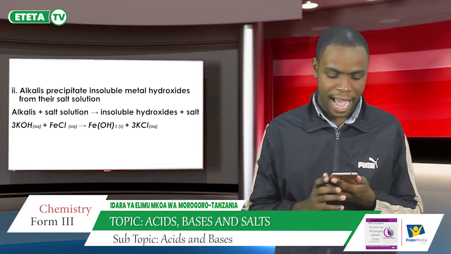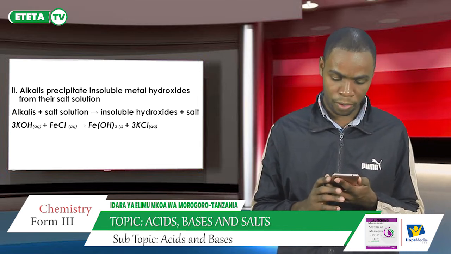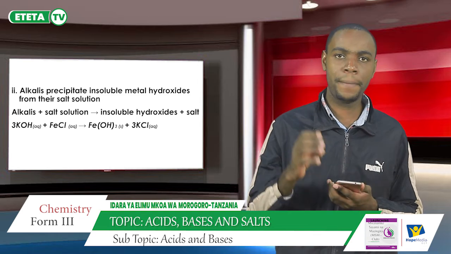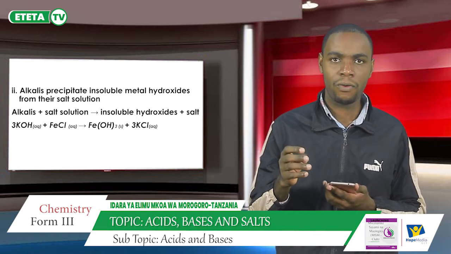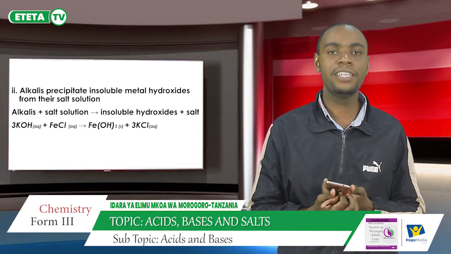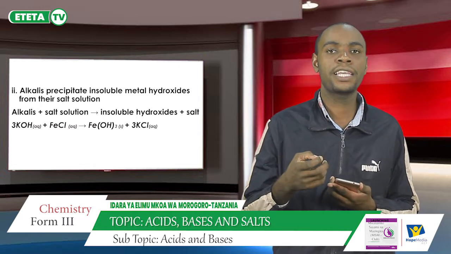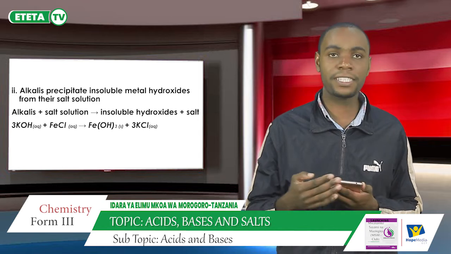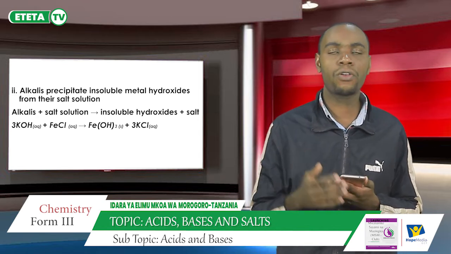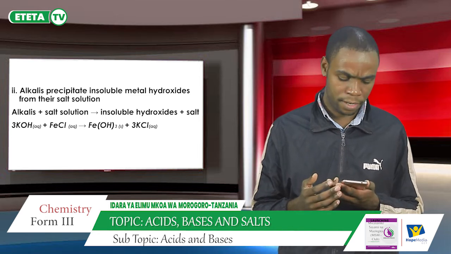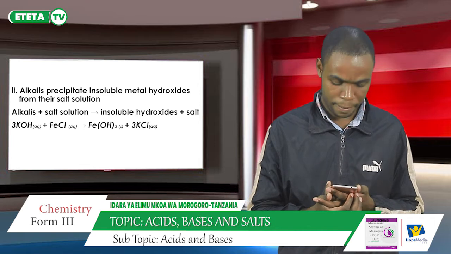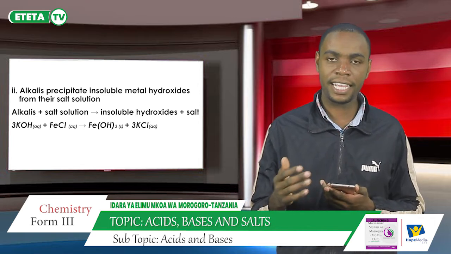The second property, alkalis precipitate insoluble metal hydroxides from their salt solutions. I mean that if the base reacts with a soluble salt, a precipitate is formed, another insoluble salt. For example, the reaction between potassium hydroxide and iron chloride.